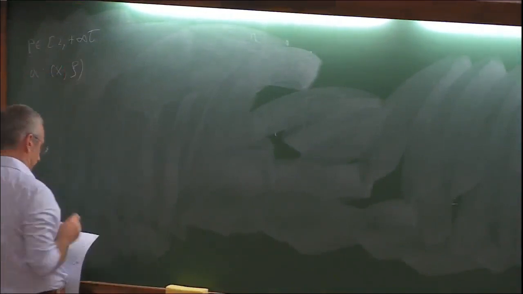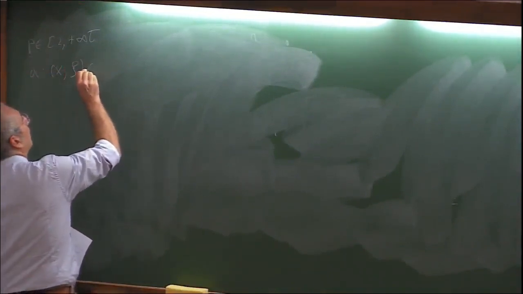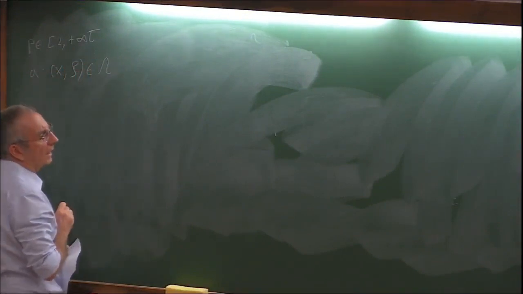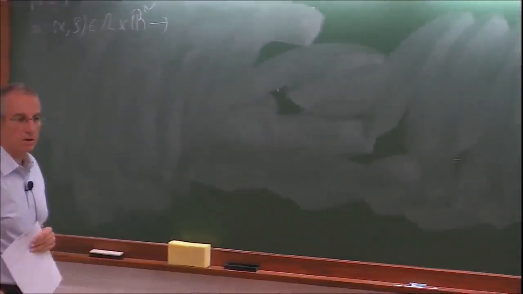Let a be a function of x, c, defined in omega, this is omega, all the domain, cross R^n. This is a vector valued function.